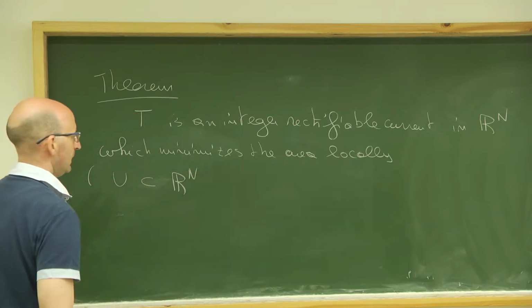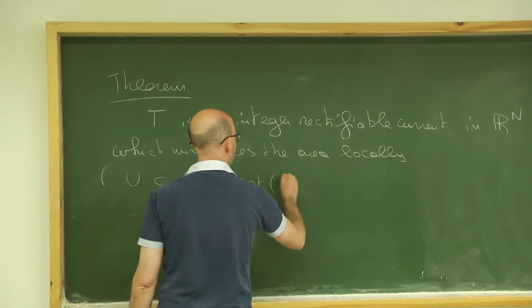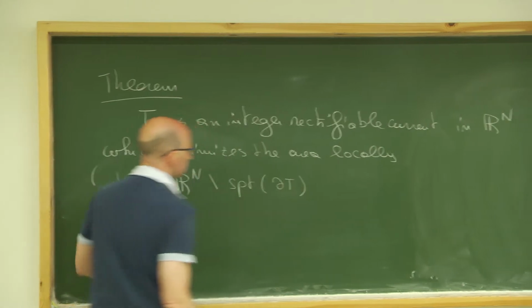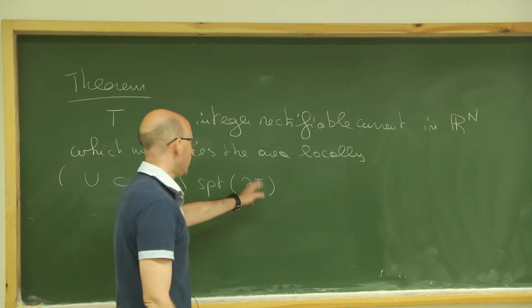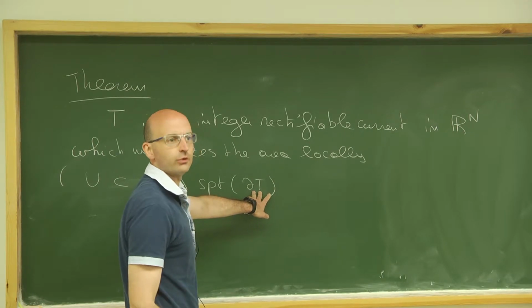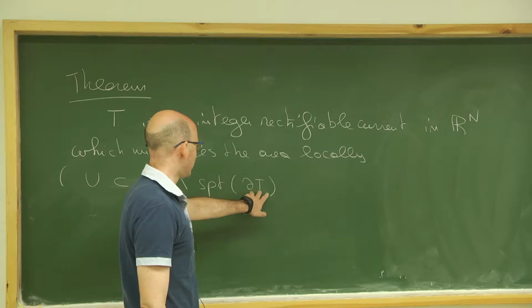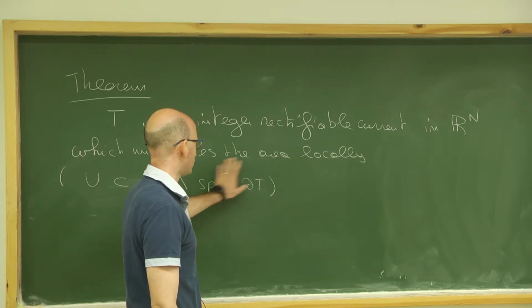the Euclidean space minus the support of the boundary of the current. In a lot of applications you could think that the boundary of this current is just a smooth manifold, for instance, if you want to solve the Plateau problem. Otherwise, in the general situation, you can attach a notion of boundary, and then a notion of support, which is a closed set.